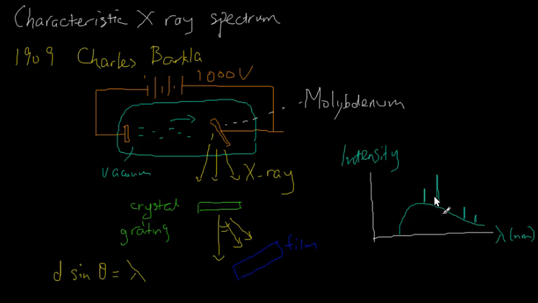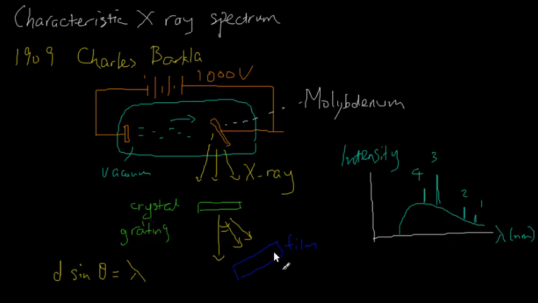Now these peaks here, if you look at it on the film, would probably show up as lines on the film, where we have a higher intensity. Let me just number this 1, 2, 3, 4 for the time being.